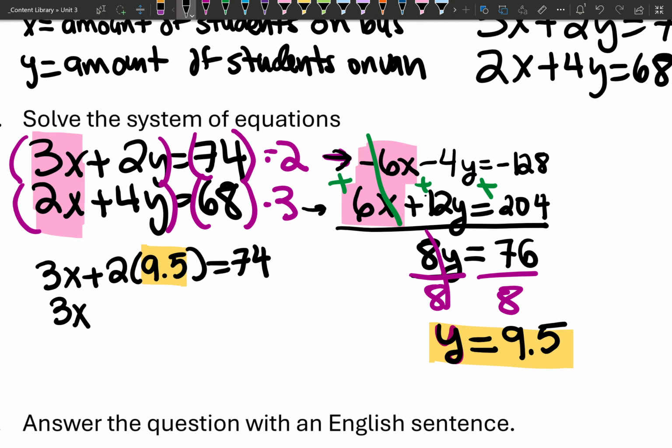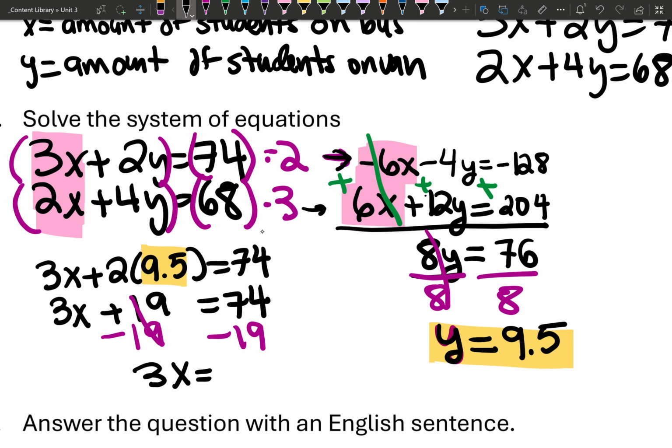We get 3x plus 2 times 9.5 is 19 equals 74. Let's subtract 19 from both sides. 3x equals 55. And then we divide that by 3.